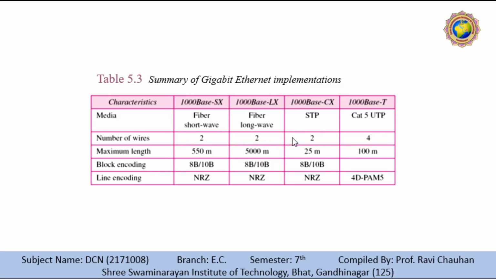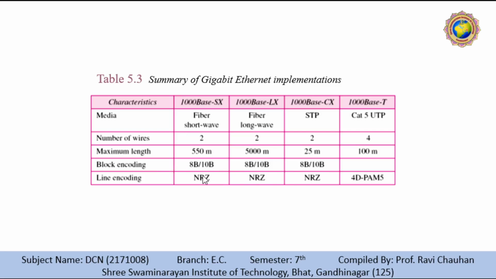The first 3 have 2 wires, the last has 4 wires. The maximum length for 1000Base-LX is 5000 meters, 1000Base-SX has 550 meters, 1000Base-CX has 25 meters, whereas 1000Base-T has only 100 meters.